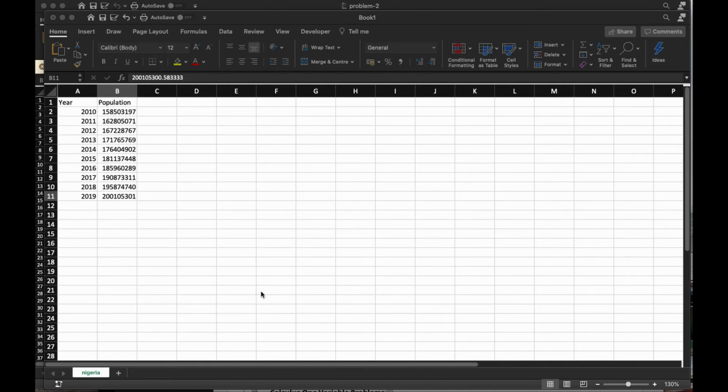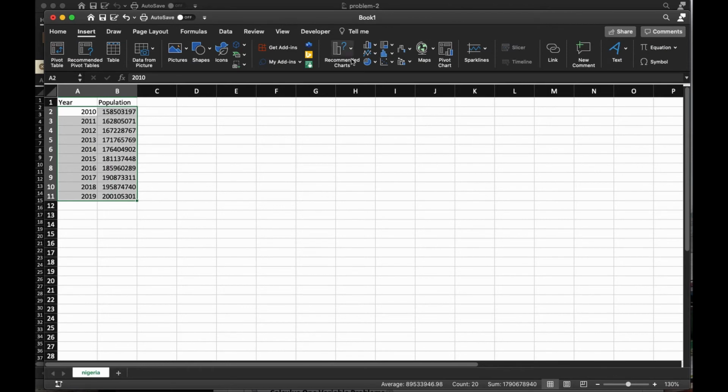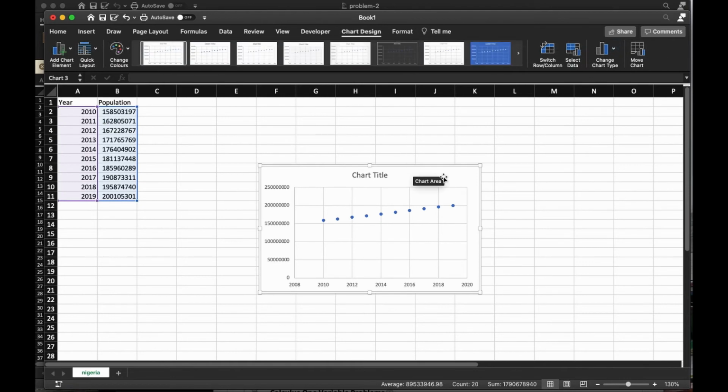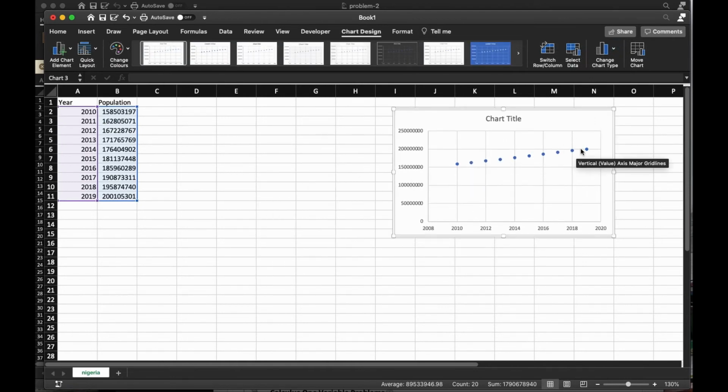This Excel is all done on a Mac, but you have a similar thing in Windows. You highlight all the years, go to Insert, and choose the scatter plot, the first one. Here is your scatter plot, and it looks pretty much like a straight line.